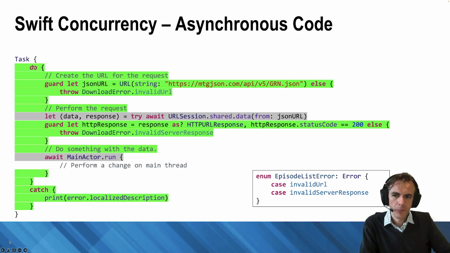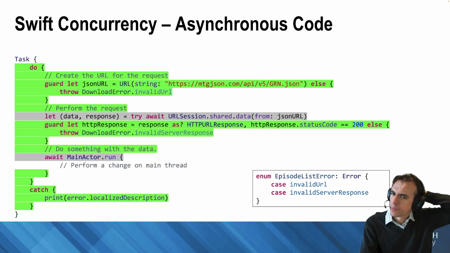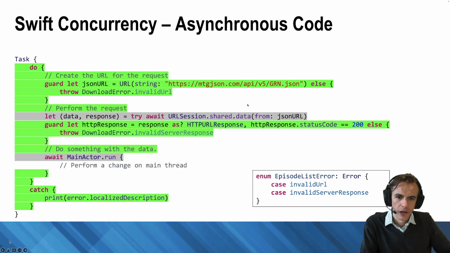Now, some parts of that operation take an indeterminate amount of time. For example, this data task requires us to contact a web server, get a response back, and receive some data. That could take 1 second, could take half a second, could take 10 seconds.